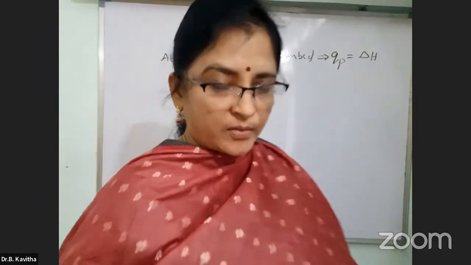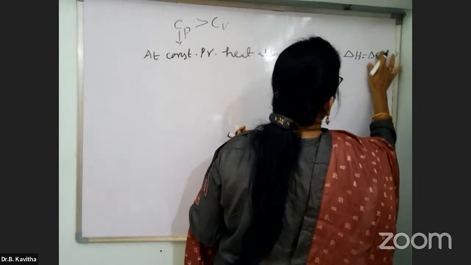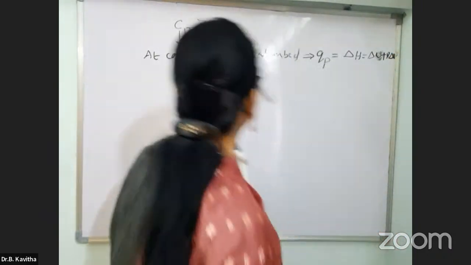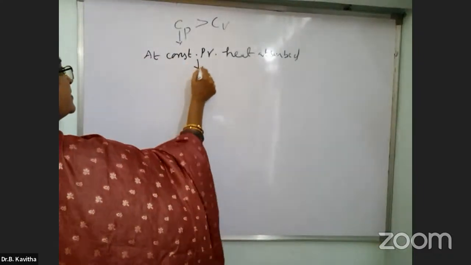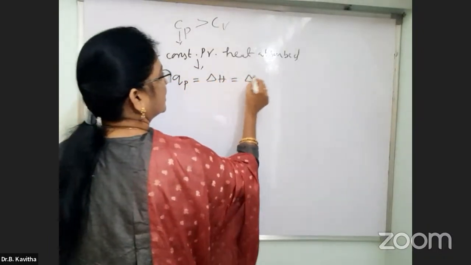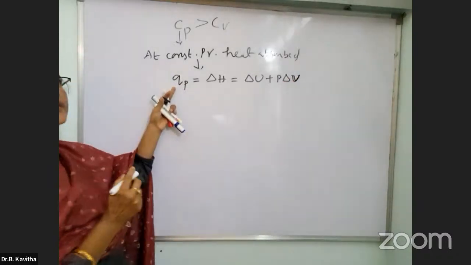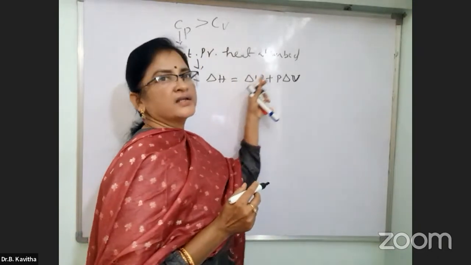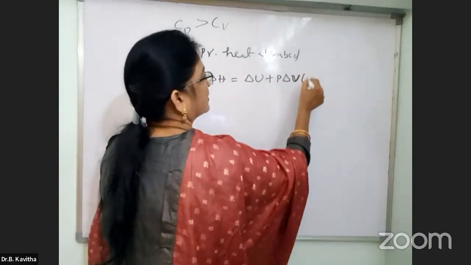Delta H is nothing but delta U plus P delta V. Constant pressure heat absorbed is Qp, which is delta H, that is delta U plus P delta V. That means at constant pressure heat absorbed by a system will be utilized to increase the internal energy and also for some work done by the system. P delta V అంటే the work కదా.